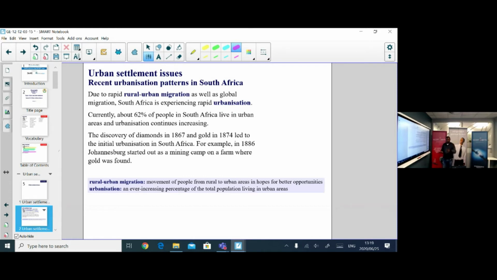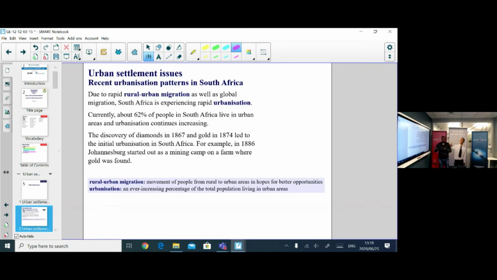Many people find South Africa to be more attractive and a safe country to invest and live in. Currently, about 62% of people in South Africa live in urban areas, and urbanization continues to increase.